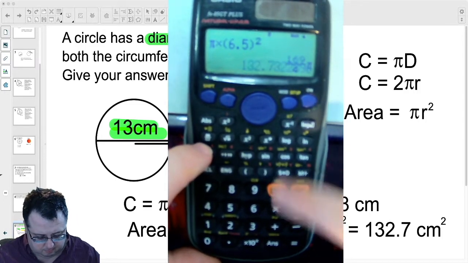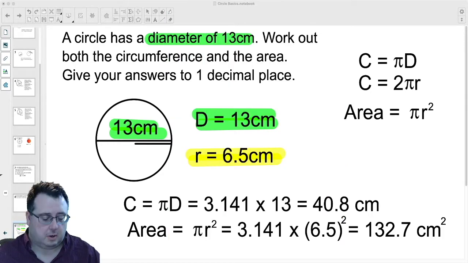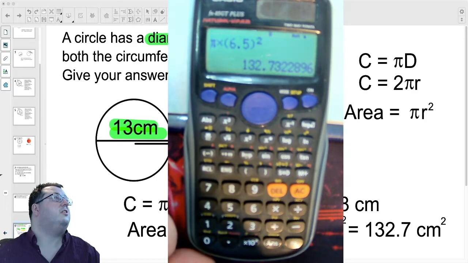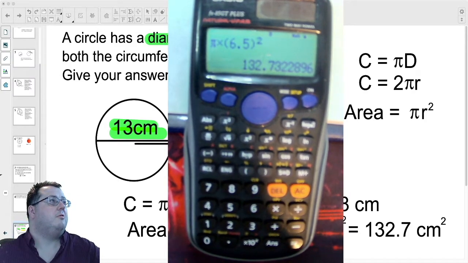And if I push my SD button, I will get 132.7322896. Just switch on the calculator to show you that. Pi times 6.5 squared is 132.7322896.